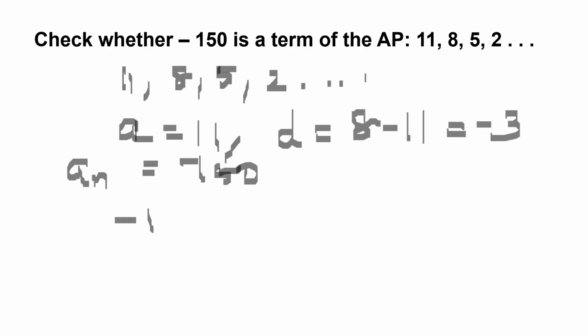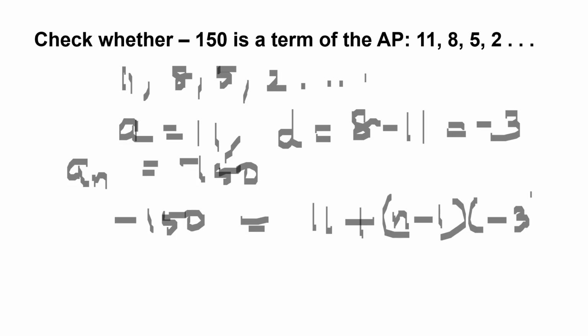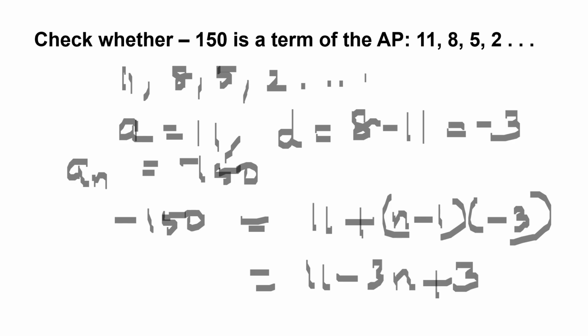So a_n equal to a plus (n minus 1) into d. So this is equal to 11 minus 3n plus 3. And on the left hand side we have minus 150.